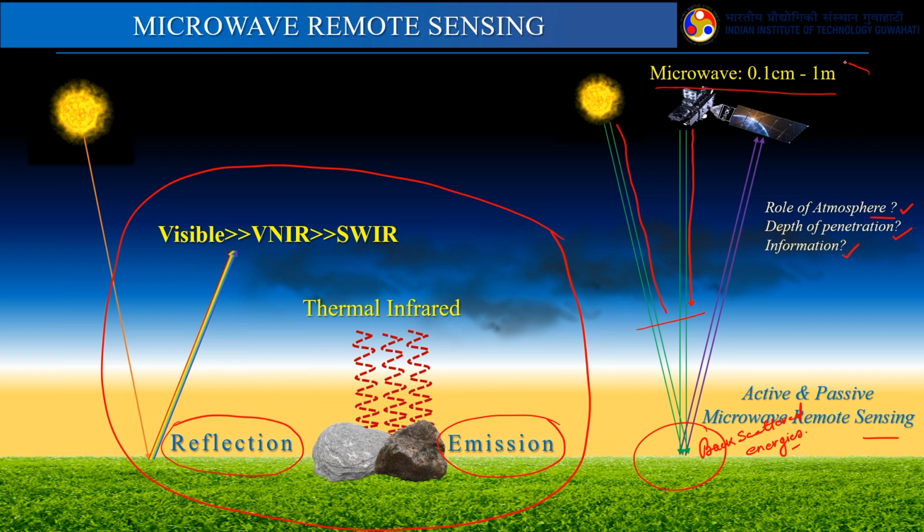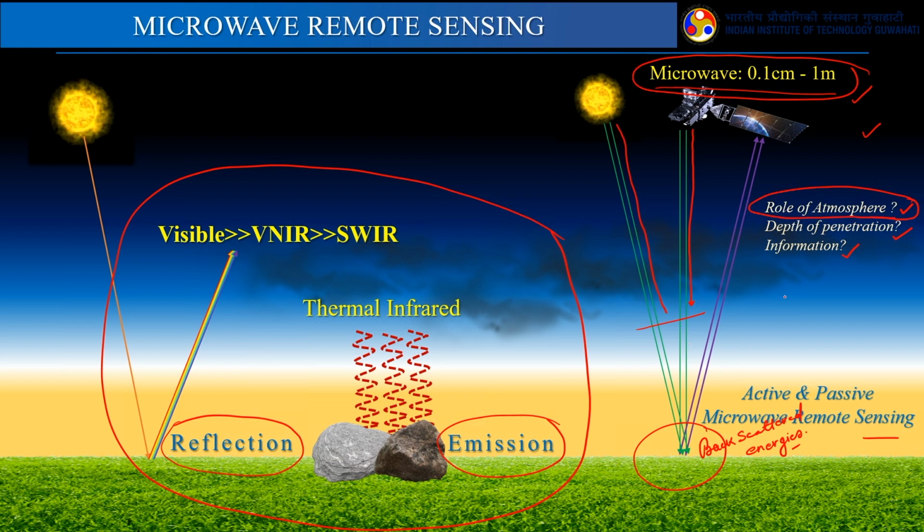If the size of the scatter is equal to the wavelength, we have scattering. If the molecule is larger than the wavelength, it is having the scattering phenomena. But since we are talking about this microwave which is 0.1 centimeter to 1 meter, this is longer wavelength region. So, in the longer wavelength region, the scattering effect will be very less or negligible, right.